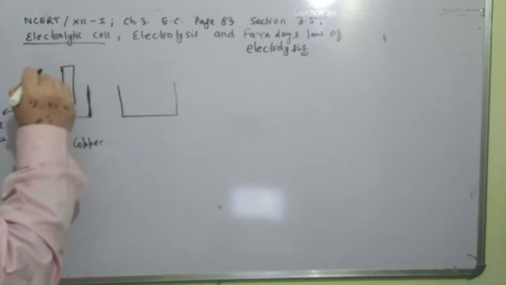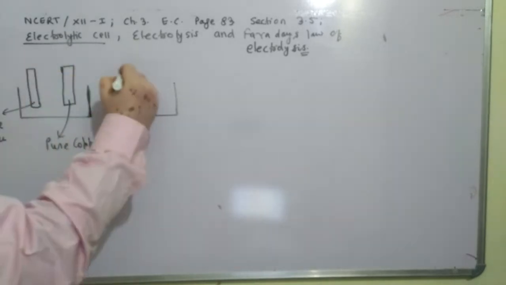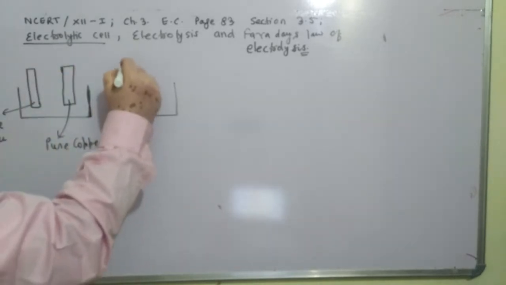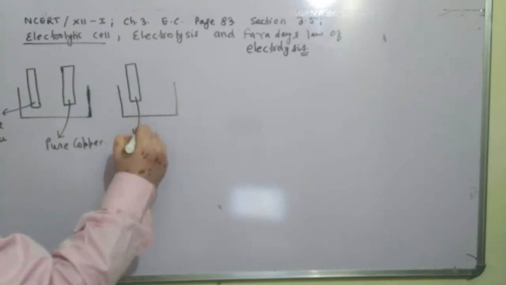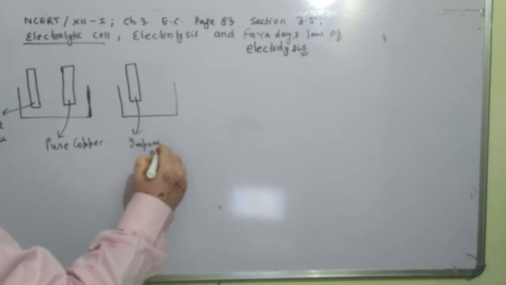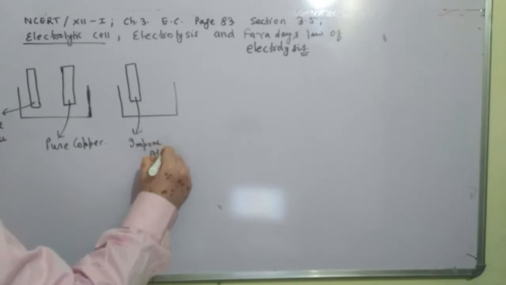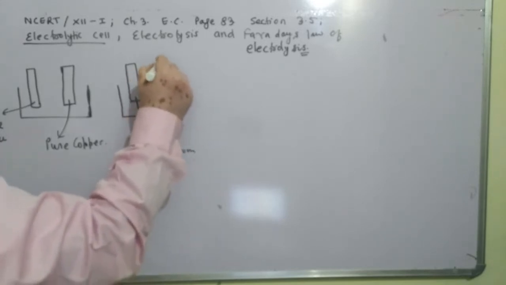The pure one is connected with the negative terminal. Let this be impure aluminium, and let this be pure aluminium.